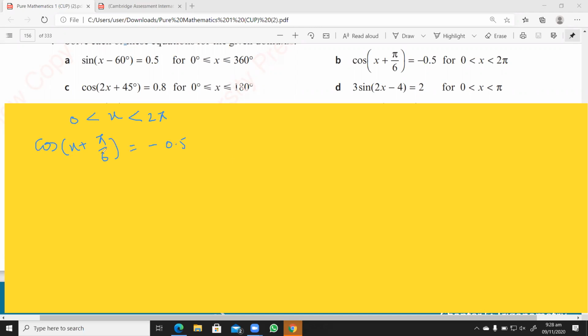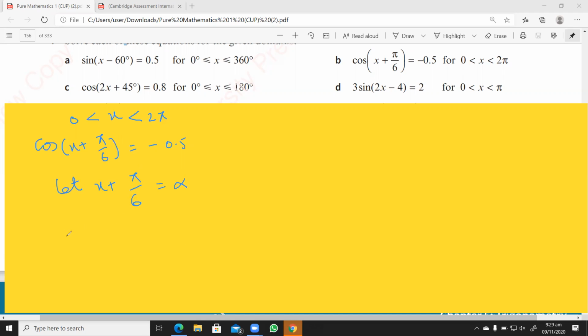So this time you should quickly move your calculator's mode to radians, because all of this is happening in terms of radians. Now, we don't like this angle right now. So you would say, let x plus pi by 6 equal to alpha. You can keep it as y, w, whatever you want. You can keep it as theta as well.